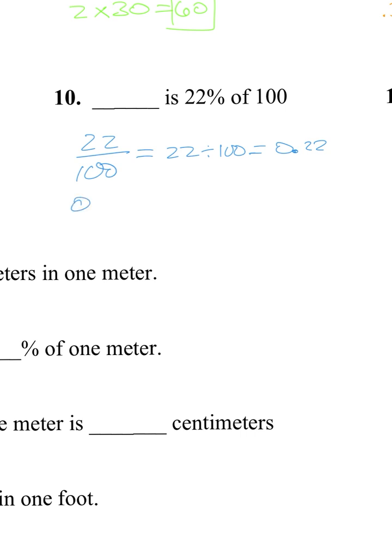Now we're going to take 22 hundredths, which is the same as 22%, and multiply that, which is of 100. And 0.22 of 100 is 22. So 22 is 22% of 100.